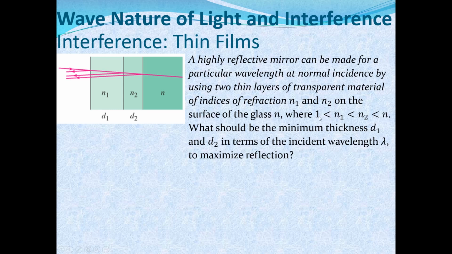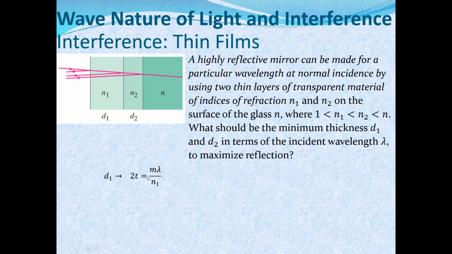They tell us that these indexes keep getting bigger. So that means they're all going to be hard reflections, and that's going to mean that we're going to use the integer 1 in that case.